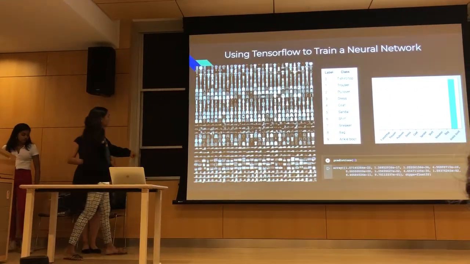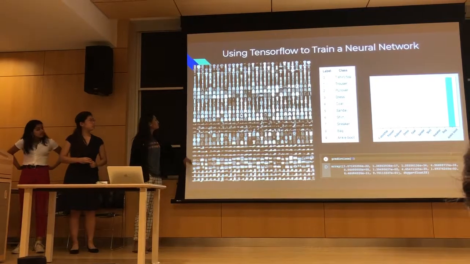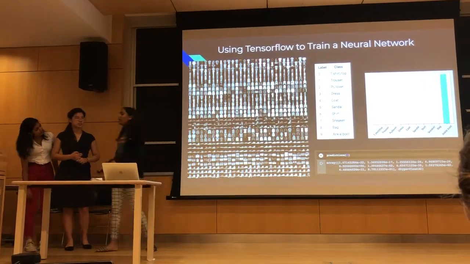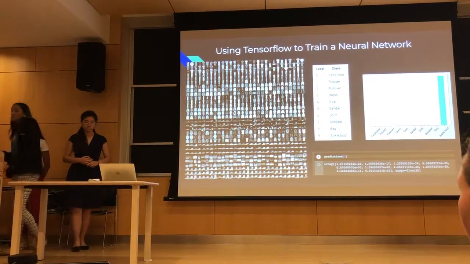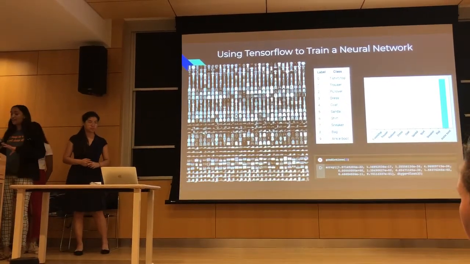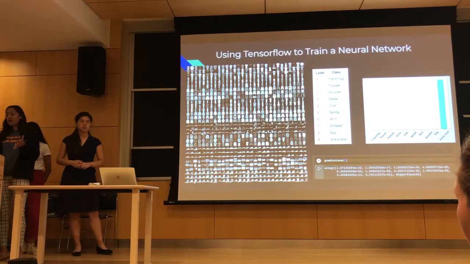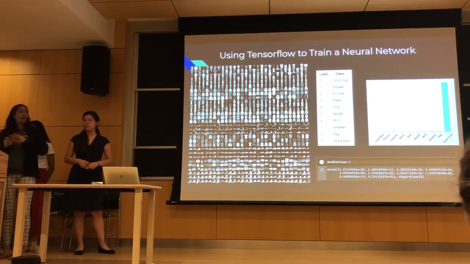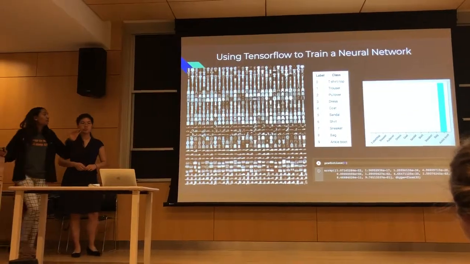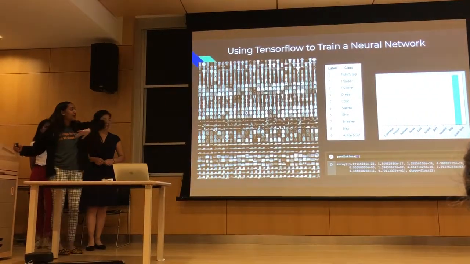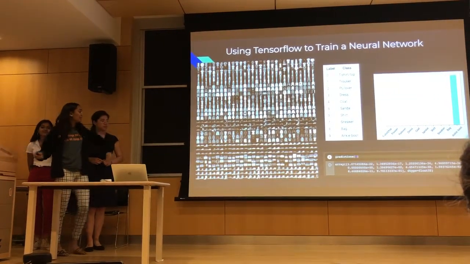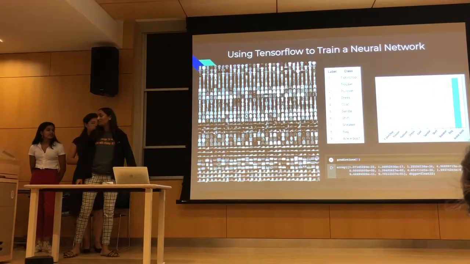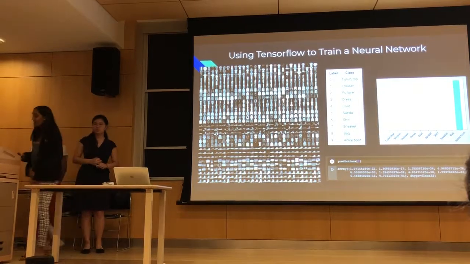You can't really see it, but it's a bunch of images of shoes, shirts, and all these different things like sandals, coats. They were all given to us in 28 by 28 numpy arrays with pixel values ranging between 0 to 255. And then they were all labeled with a number between 0 and 9. So all the shoes, as you can see at the bottom, were labeled with a 9 because they're all ankle boots.